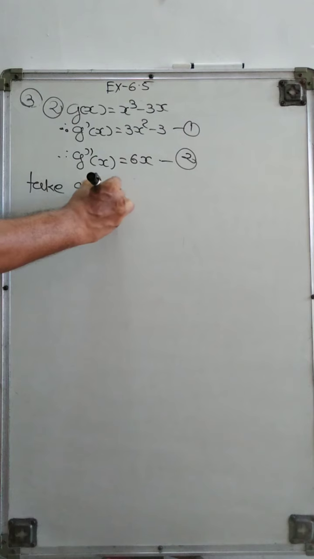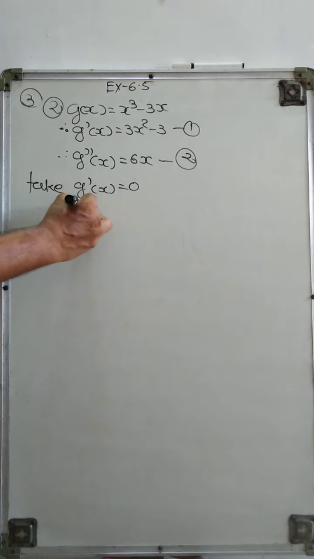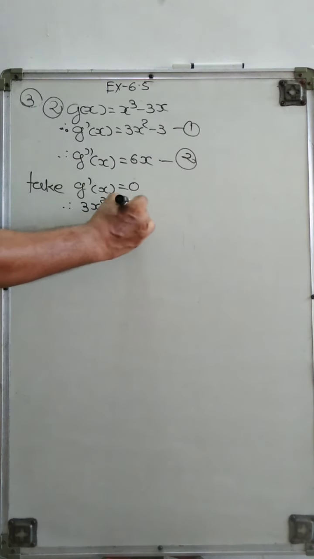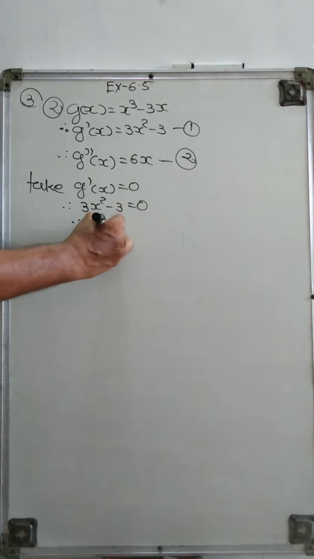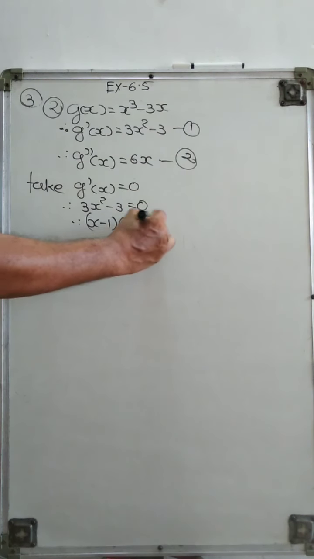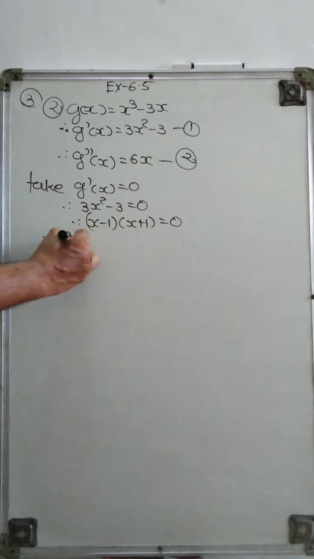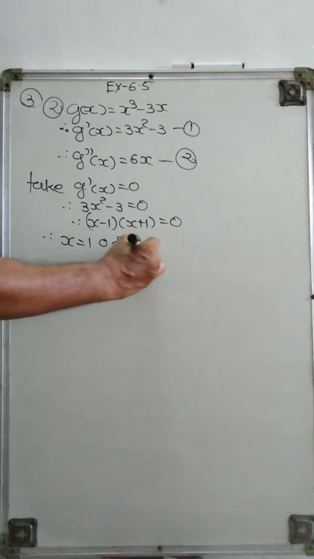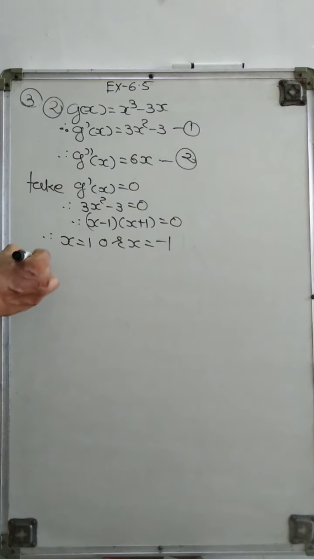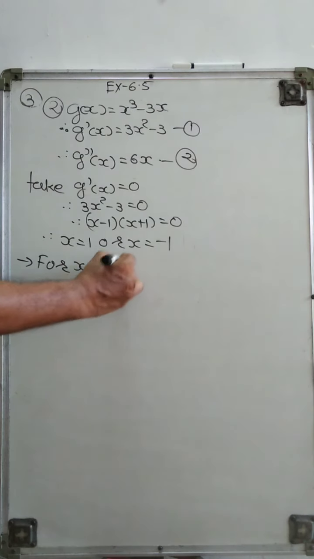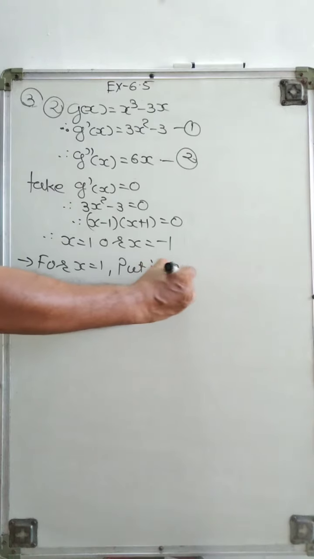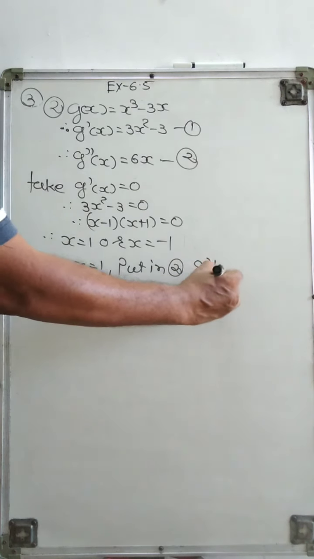Now take g dash x equal to 0. It means 3x square minus 3 is 0, or (x minus 1)(x plus 1) is 0. So either x equal to 1 or x equal to minus 1. Now first, for x equal to 1, put in result 2, g double dash x.